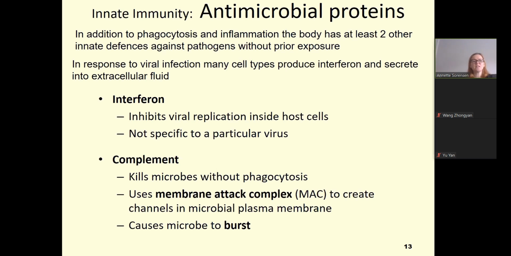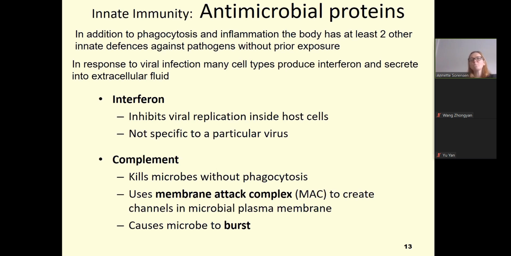Another defense is the complement system. Complement is a number of inactive proteins which circulate in the blood, and they become active by contact with the surface of microbes.